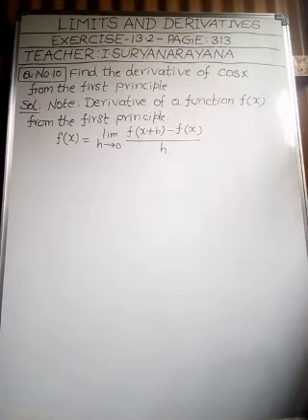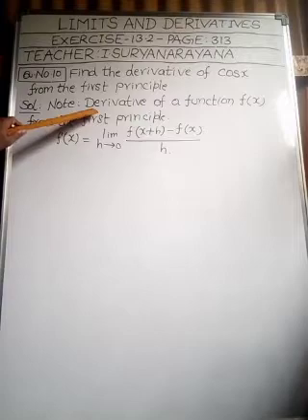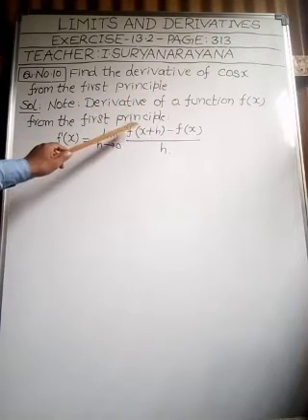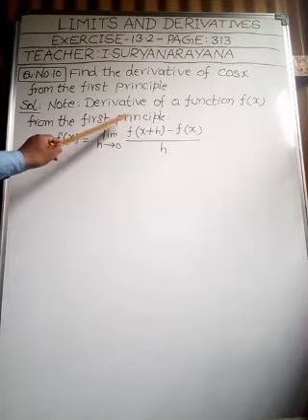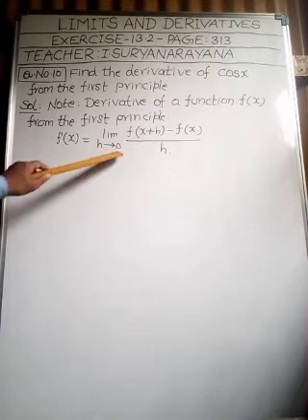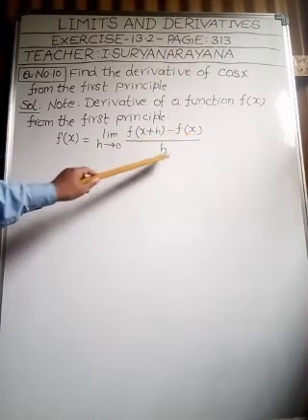In the first question in this exercise, we found the derivatives of the given functions from the first principle. So here you have to bring back that knowledge: the derivative of a function from the first principle. f dash of x is equal to, as h tends to 0, the limit of f of x plus h minus f of x, by h.